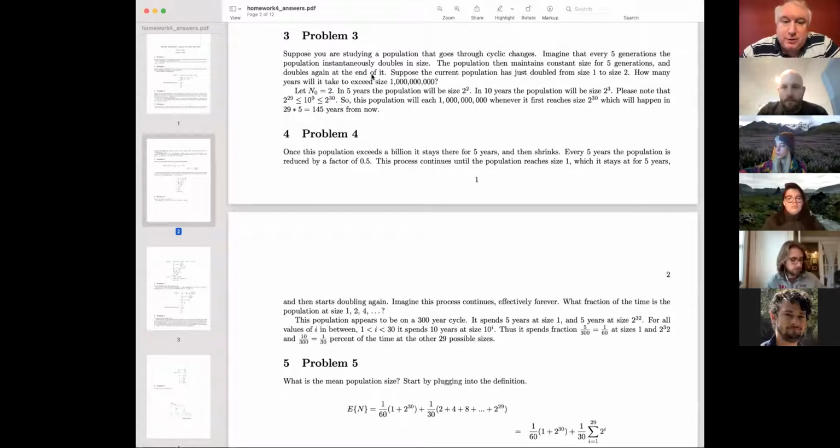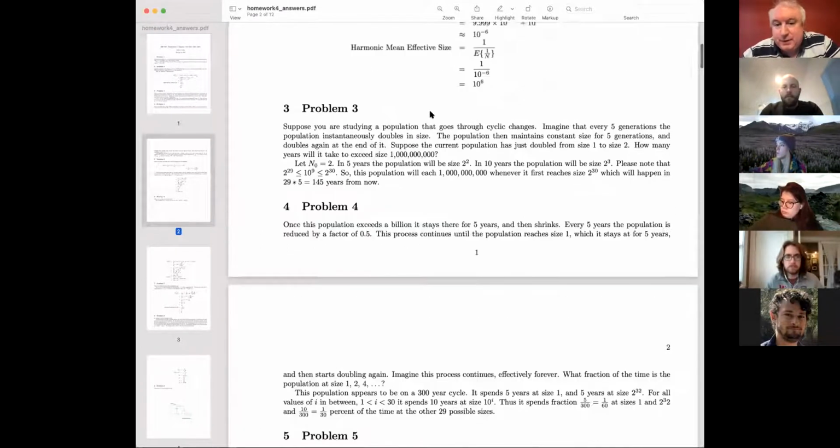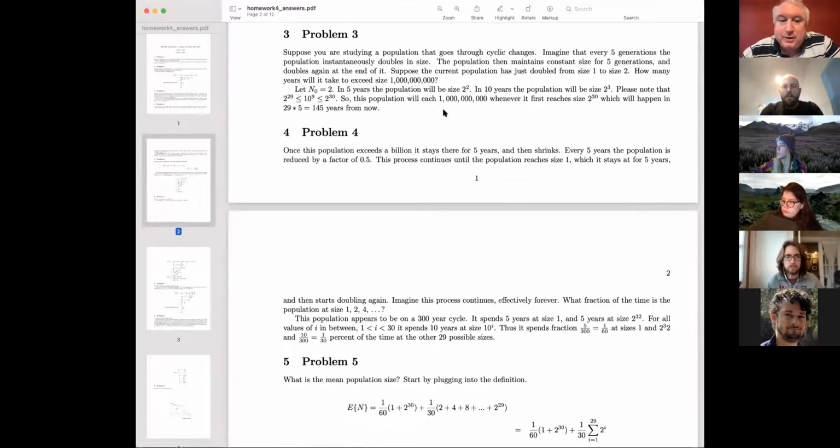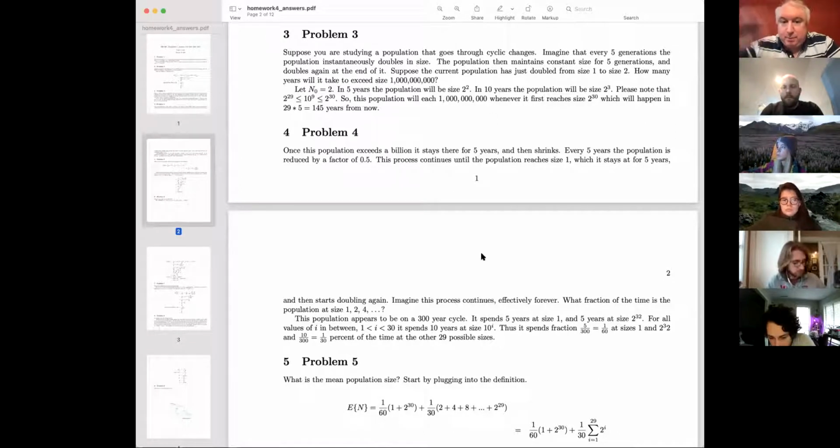Every 5 generations, the population size doubles, and it maintains that size for 5 generations, and then it doubles again, and again, until it gets to size a billion, and then it stays there for 5 generations, and then it shrinks by half, and again, and so forth, until it gets to size 1, and then it stays there for 5, then it starts doubling and repeats over and over.